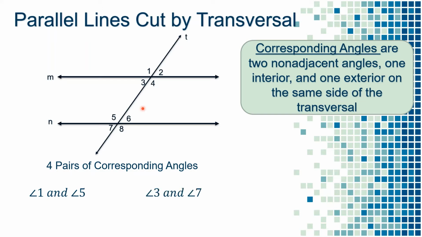We also have angle 3 and angle 7. And on the other side of the transversal, we have angle 2 and angle 6. And then we have angle 4 and angle 8.